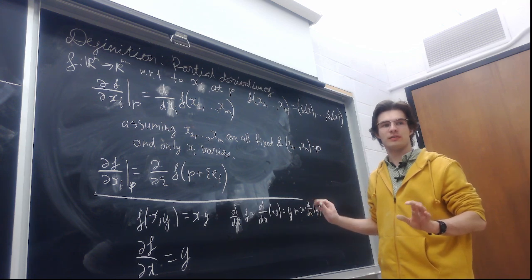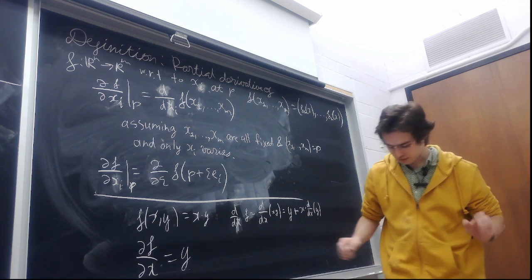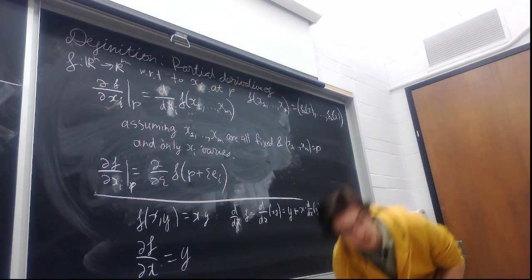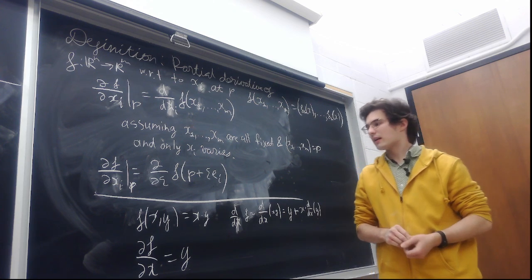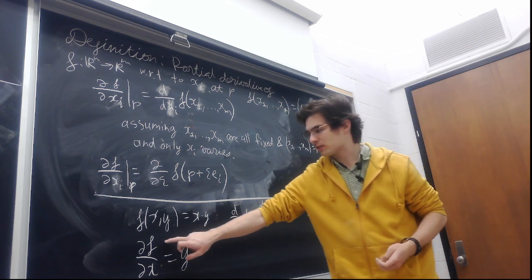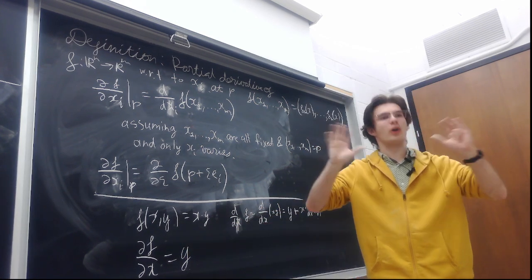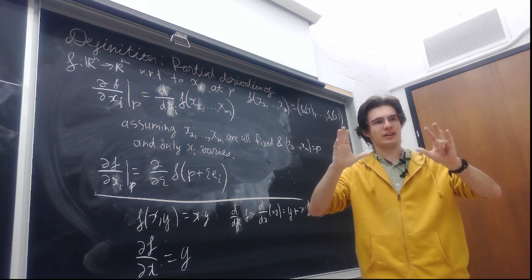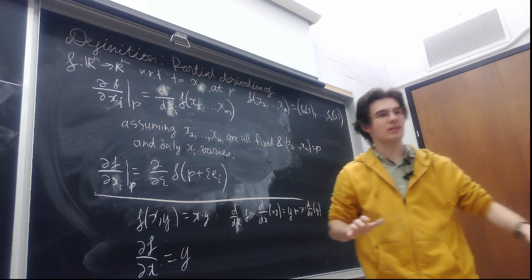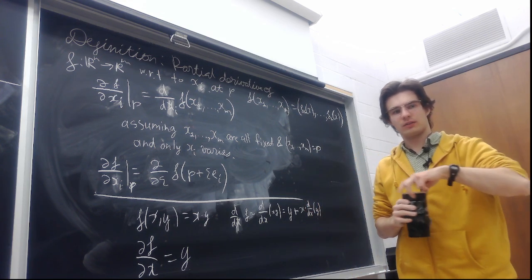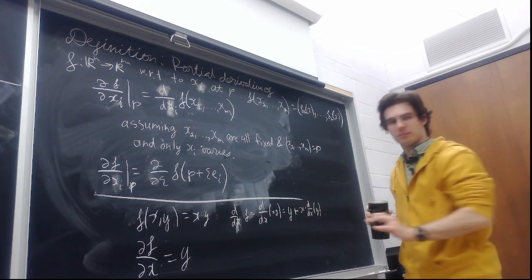So a full derivative assumes that everything could be a function of the thing that you're differentiating with respect to, versus a partial derivative, which says, let's just do things symbolically. If the symbol is not x, then it's constant and doesn't change. Do you see heuristically the difference?